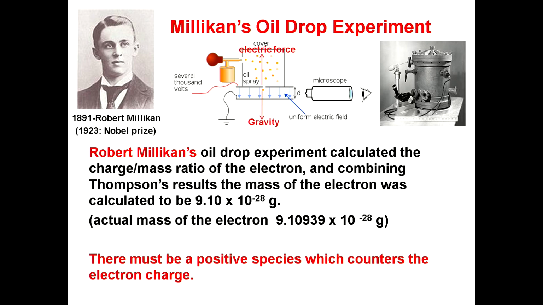But this experiment was about 100 years ago. So now we know the atom includes some particles with negative charge. We know atom is neutral. So this means there must be some positive species in the atom, right?